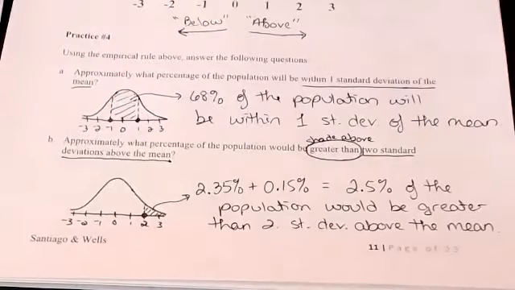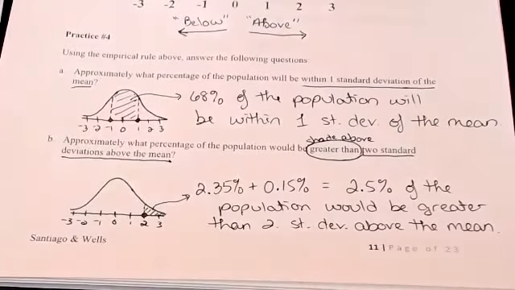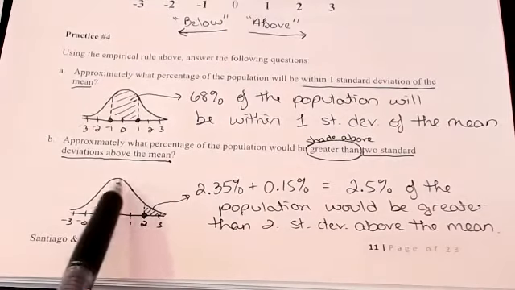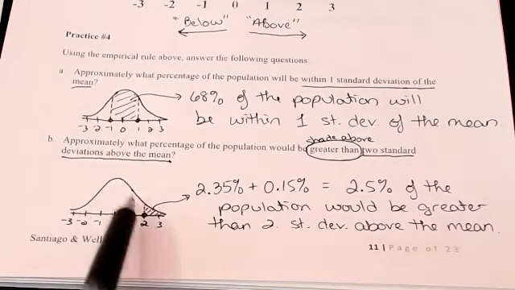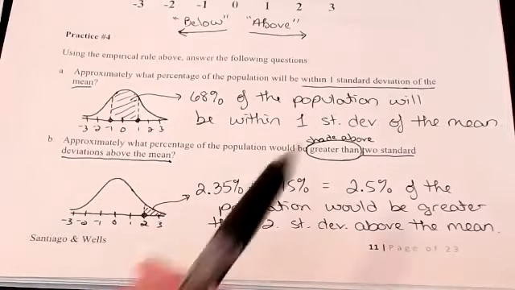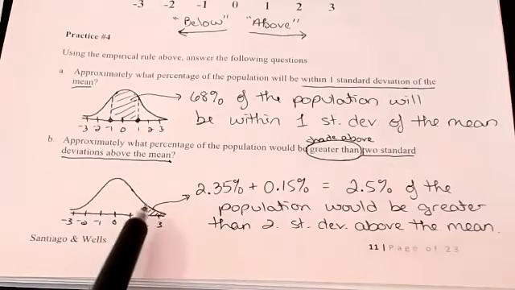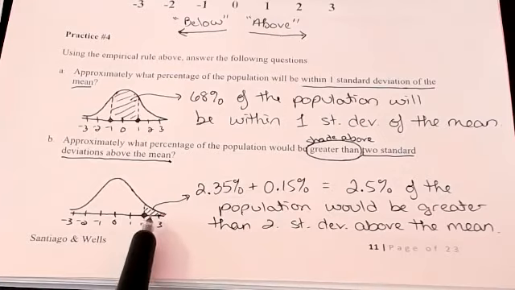However, if this said what percentage of the population would be less than 2 standard deviations above the mean, that's when we would shade everything to the left. It would be everything in this region. So because of this language, that's what tells us to shade above that standard deviation and then find the percentage pertaining to that region.